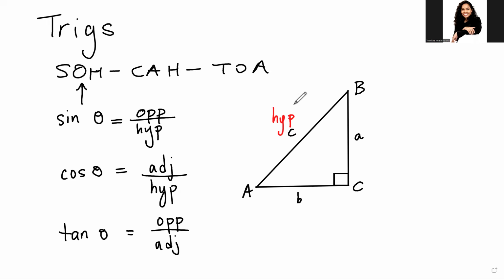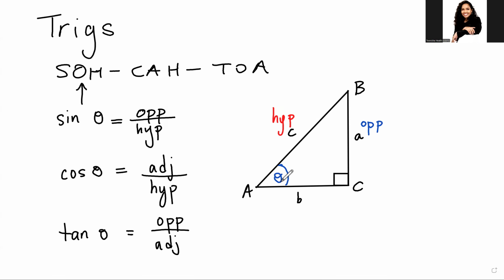In any right angle triangle, the side that is opposite to the right angle is the hypotenuse. And you name the other sides in the right angle triangle based on where you have the angle of interest. So if I have the angle of interest, let's say theta is here, the side opposite that angle will be your opposite side.